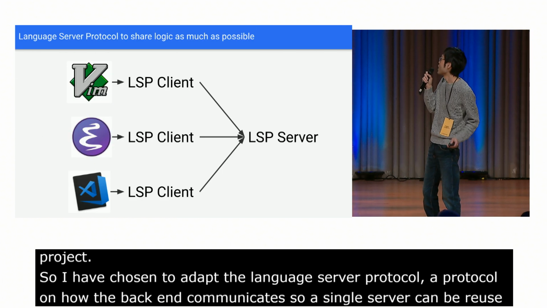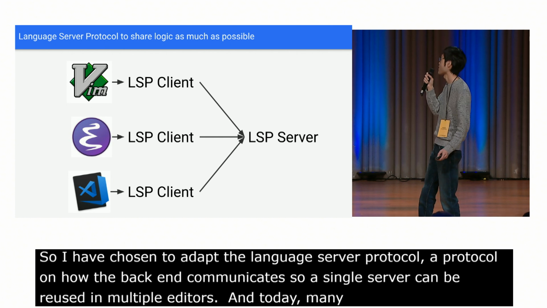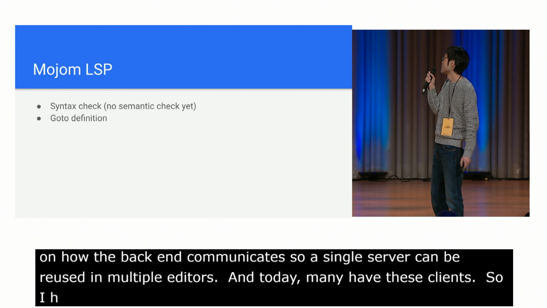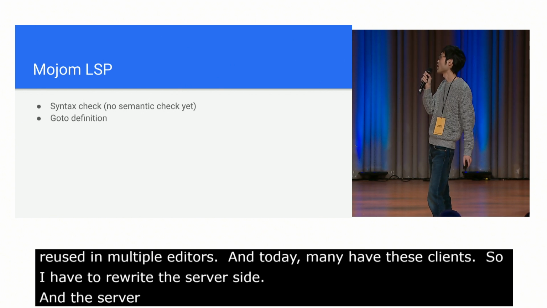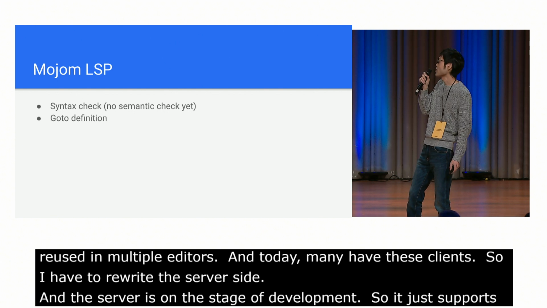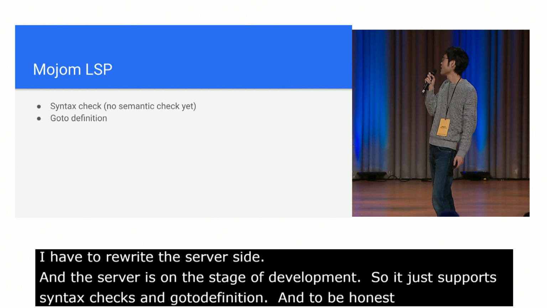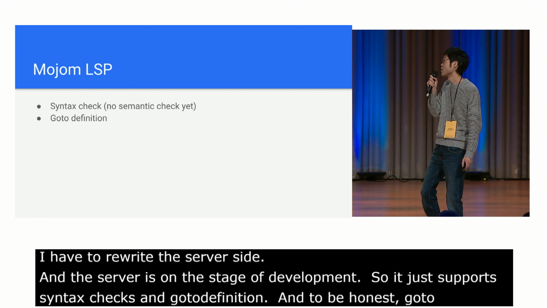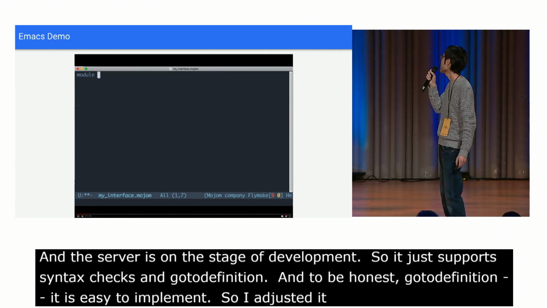Today, many popular editors already have decent clients, so what I had to do was to write the server side. The server is at an early stage of development, so it just supports syntax checks and go-to definition. To be honest, go-to definition isn't useful for mojom files, but it was really easy to implement, so I just did it. And here's a quick demo.